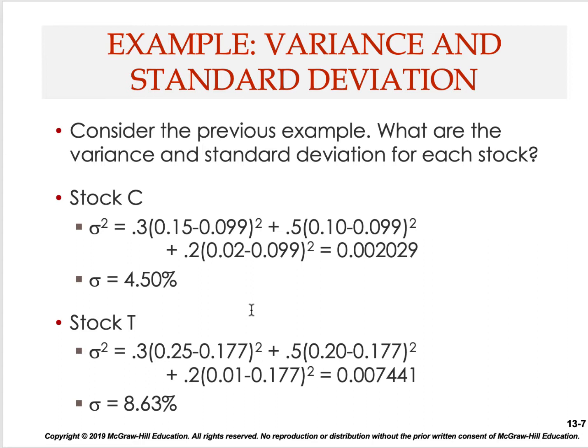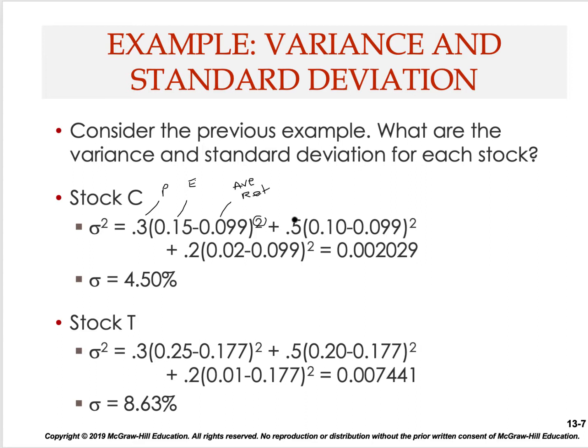Well, for stock C, we're taking our probability, which is our 0.3, and we're taking our expected return minus our average return, and we're squaring it.